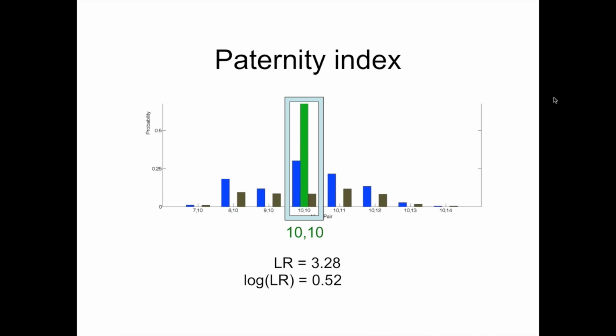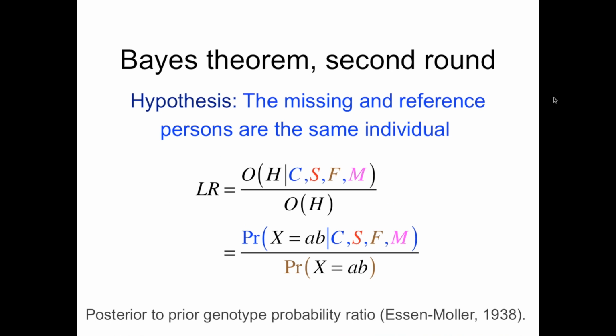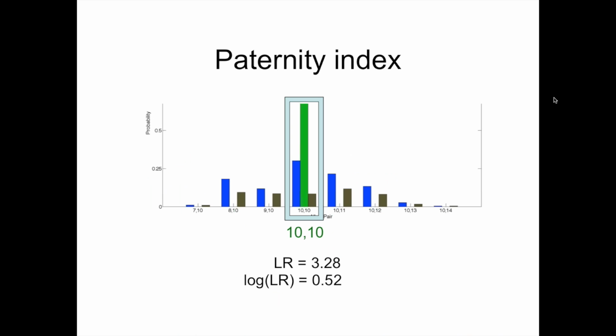By comparing the ratio of the blue bar, the posterior distribution of X, the unknown genotype at this locus, relative to brown, which is the prior probability of an individual before we looked at the data, then we are essentially just looking at this formula of posterior to prior, which we'd evaluated in a simple case.